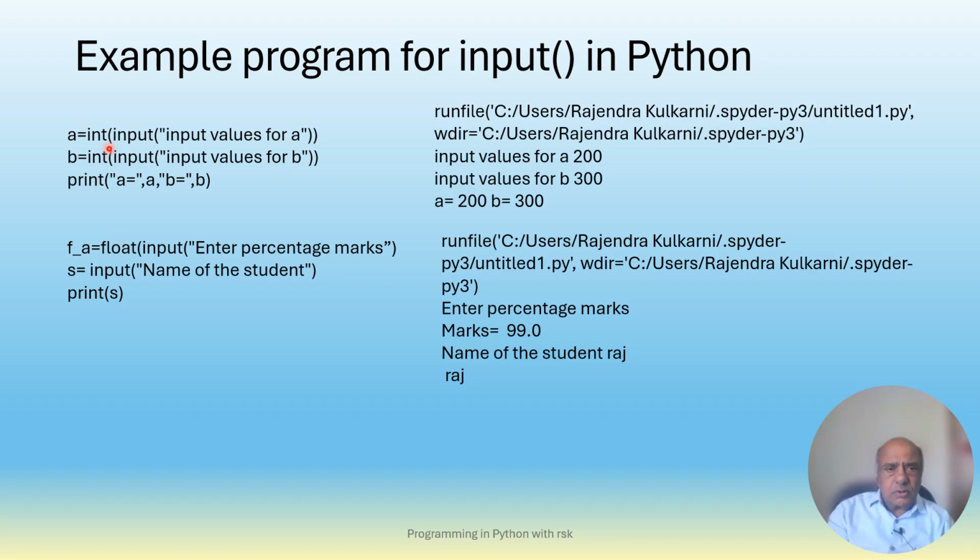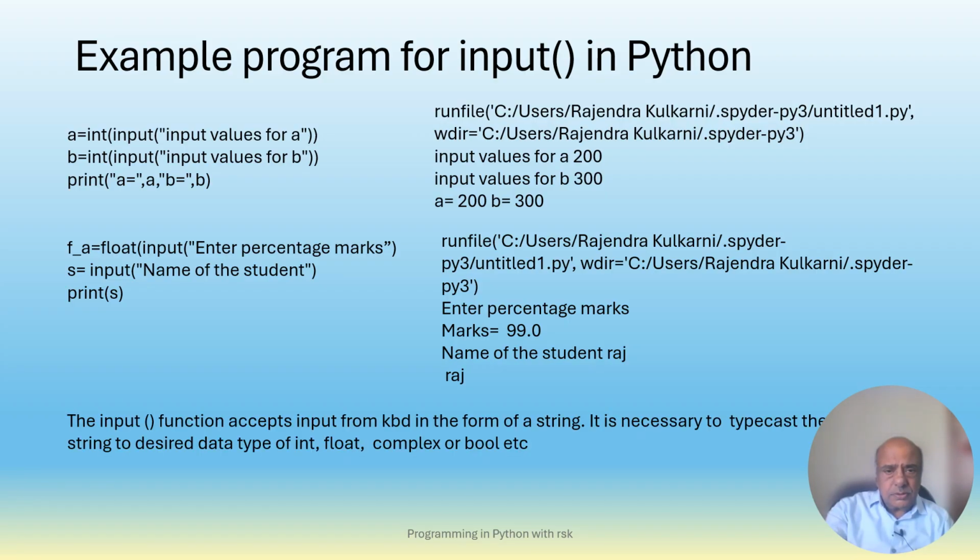Here it is following int, here it is following int, here it is following float. Here there is no data type mentioned because a name is always a collection of characters which we call a string, and it is denoted as str in Python.